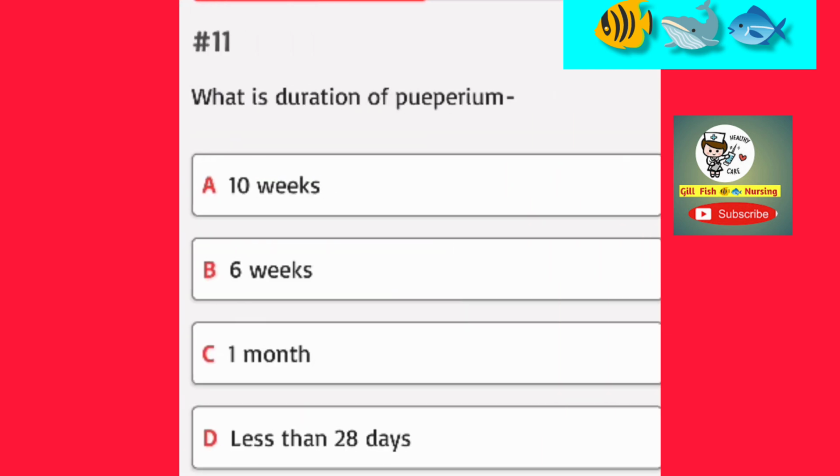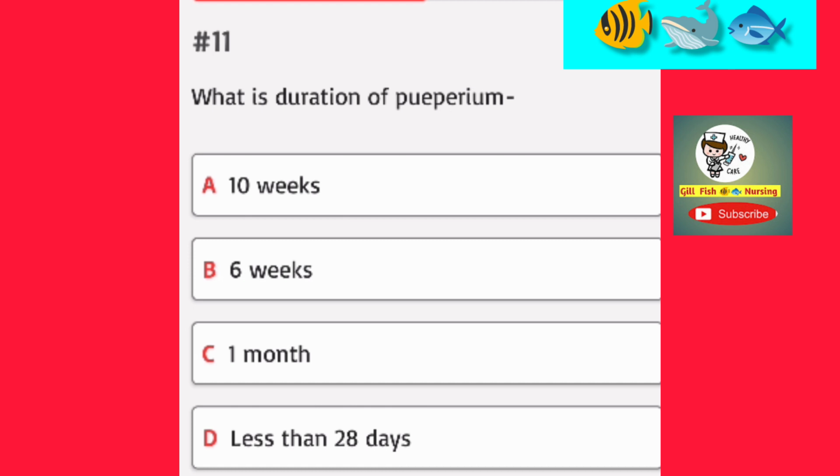The next question is, what is the duration of puerperium? You know that puerperium means the postpartum period. Postpartum period is from childbirth up to some weeks. So you check it first. A, 10 weeks; B, 6 weeks; C, 1 month; and D, less than 28 days.